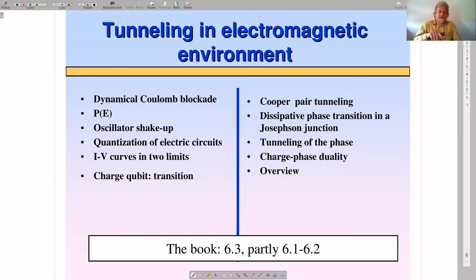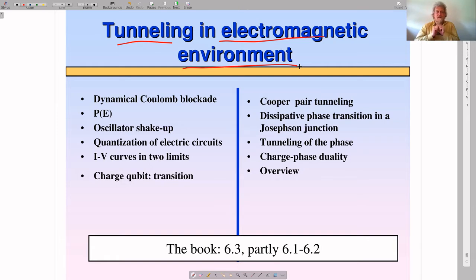Good. Tunneling in electromagnetic environment. What will I talk about? I will try to understand the relation, the crossover, between two limiting cases we have studied: scattering theory and Coulomb blockade.